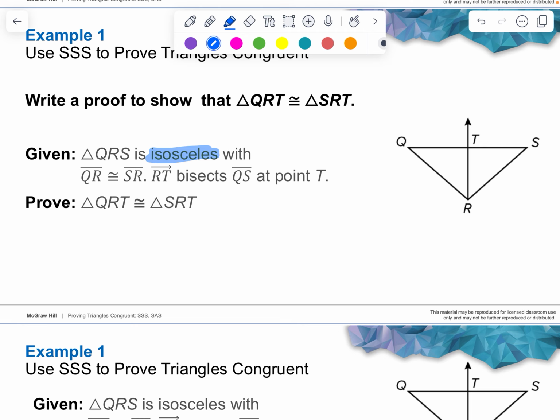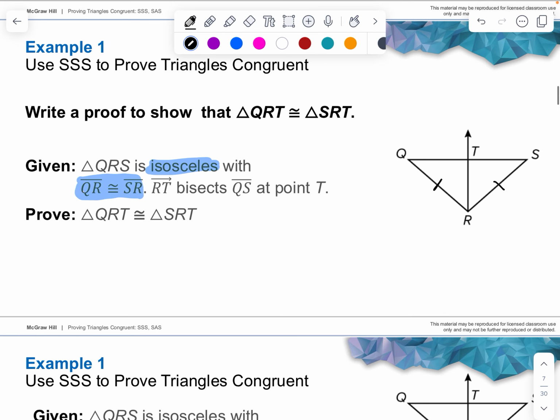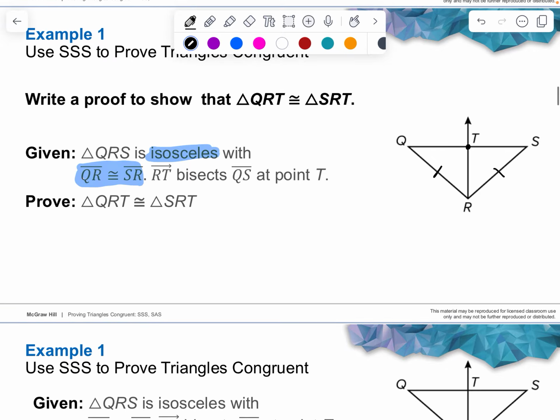And to make sure you understand isosceles, they explain it with this, that QR is congruent to SR. So I'm going to go ahead and write that on there. QR is congruent to SR. RT bisects QS at point T. So here's point T. So it's bisecting. All right, and we want to prove that triangle QRT is congruent to SRT.